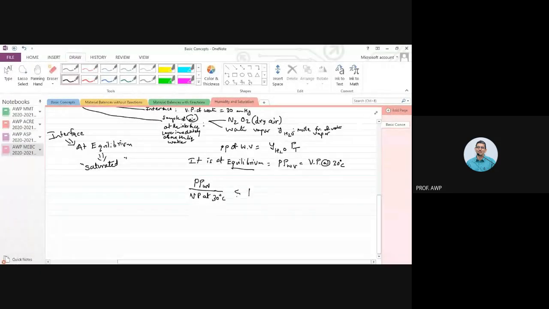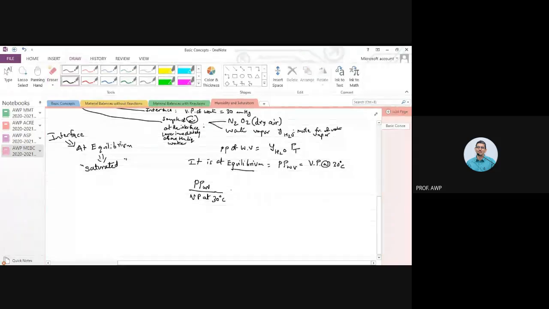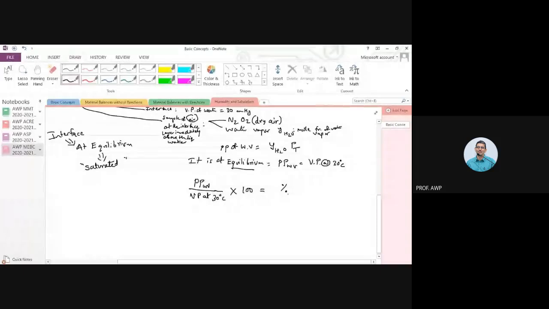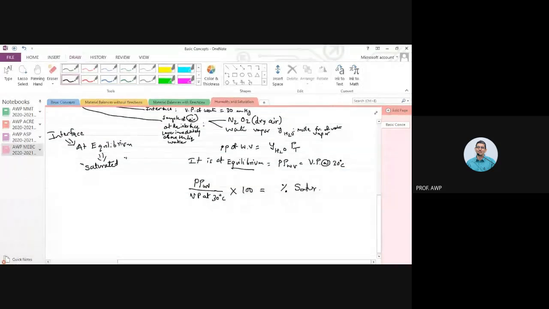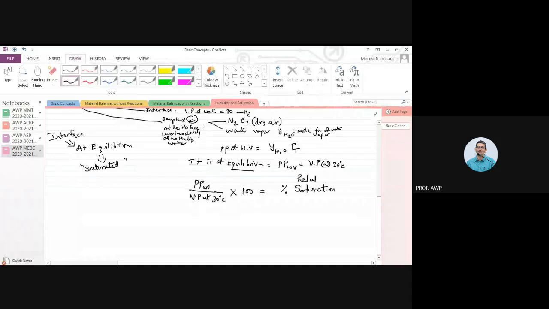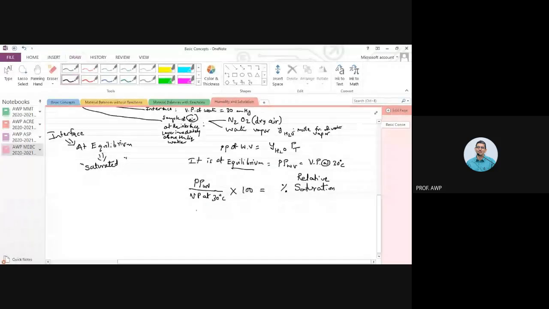At the interface, it is equal to 1. Anywhere else, it is not equal to 1. And if we multiply this by 100, we will get percentage of equilibrium. In particular, we call this percentage saturation, or more specifically, percentage relative saturation.